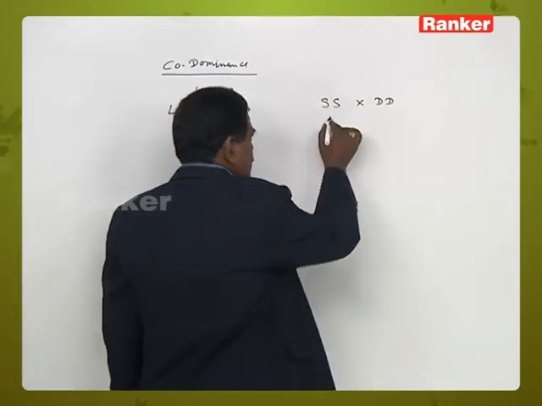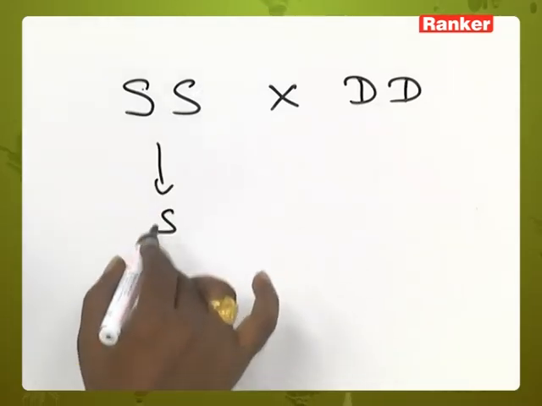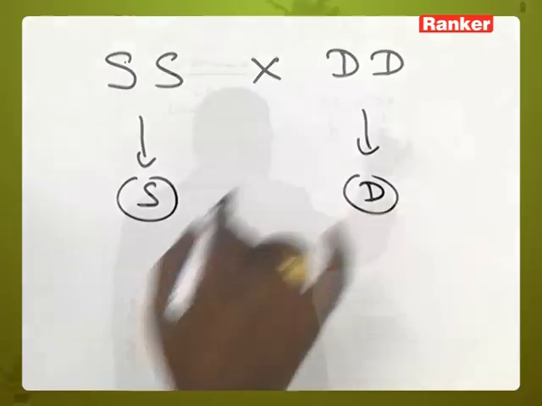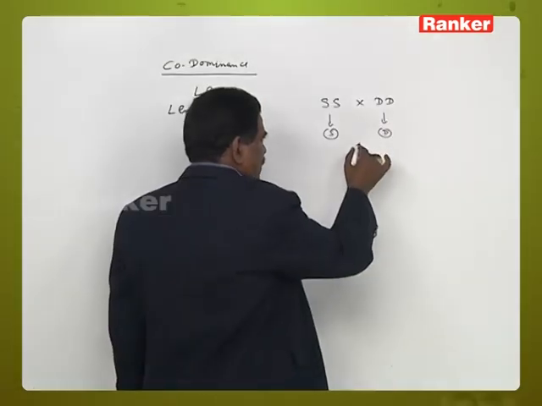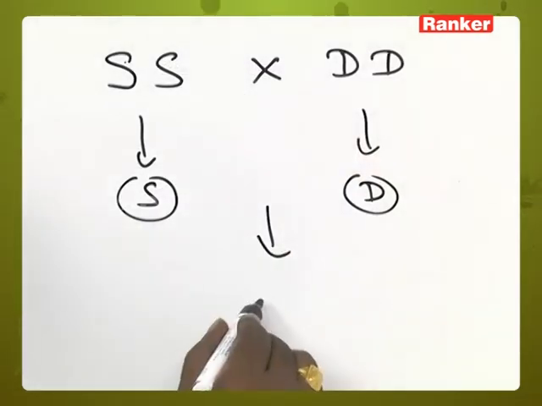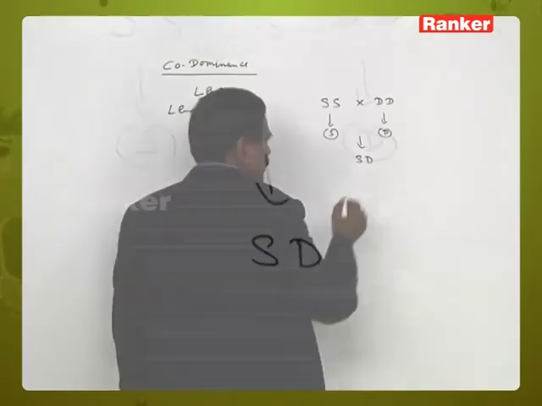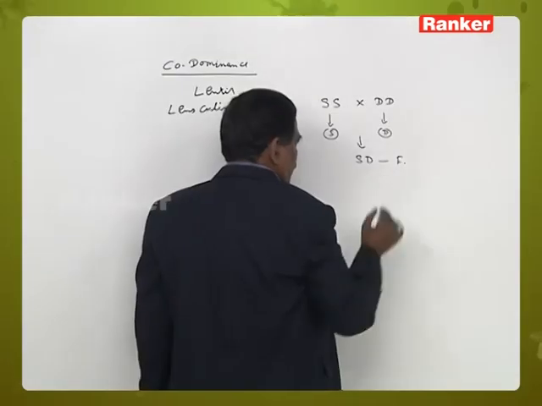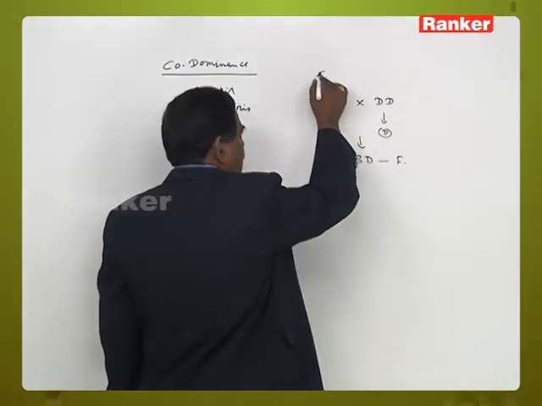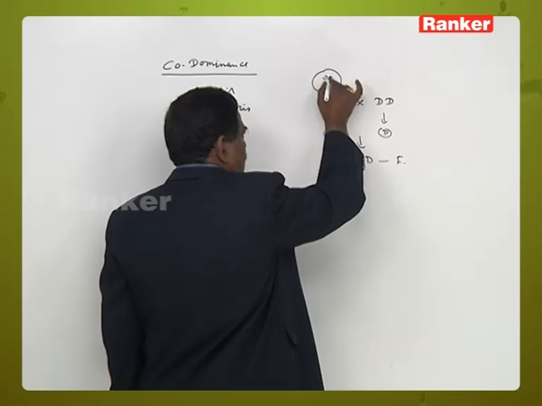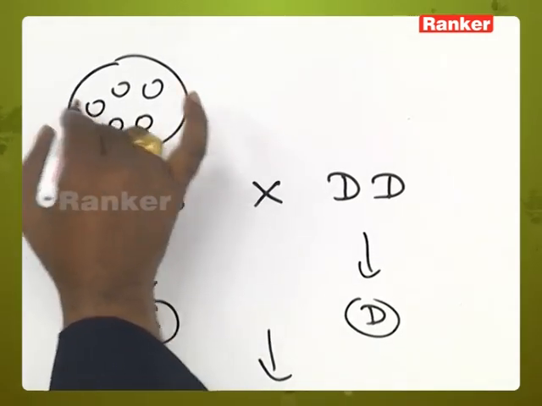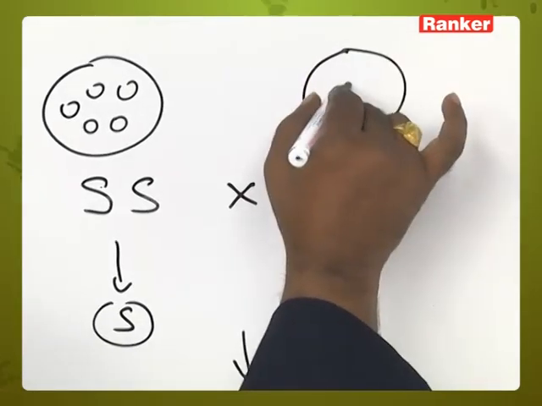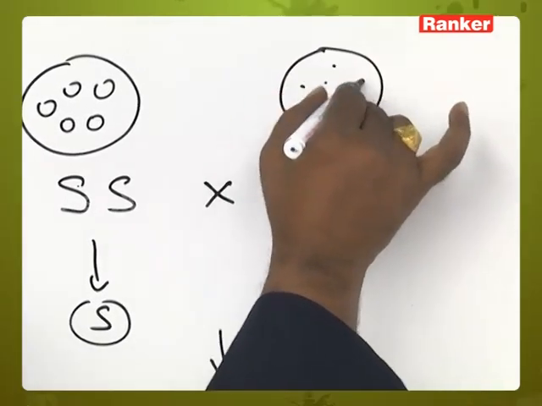It produces one type of gamete, and the other also produces one type of gamete. When they fuse, it is the F1 generation. In this one, large spots, and in this one, small dots.